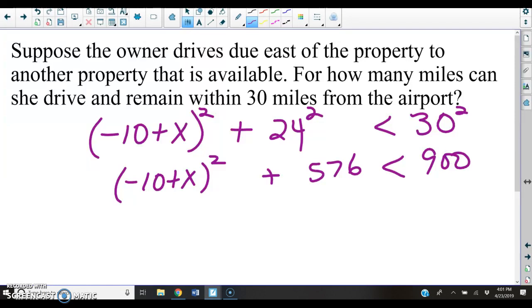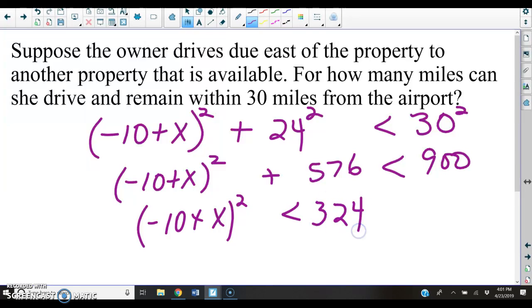I'm kind of going backwards on this one, I think. Negative 10 plus x squared has to be less than, is that 324? So negative 10 plus x has to be less than, and I think the square root of 324 is 18. And because we're working with distances, I'm not going to consider negative.